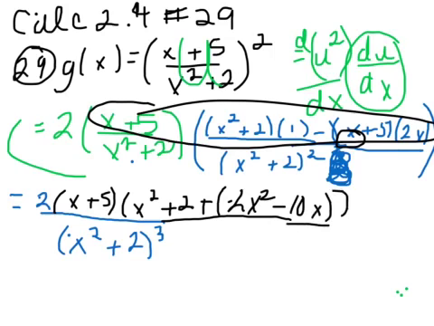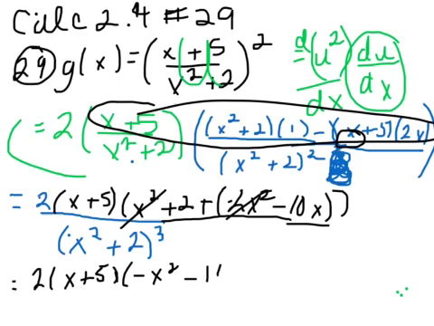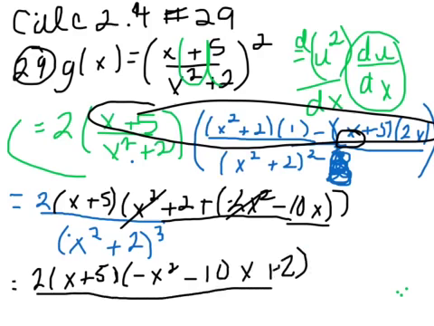Okay, so I've got to simplify all this now. That's 2 times x plus 5. X squared minus 2x squared would be negative x squared. So I took that term and combined them. I'm working inside the parentheses now. Then I've got minus 10x plus 2, all over x squared plus 2 cubed.